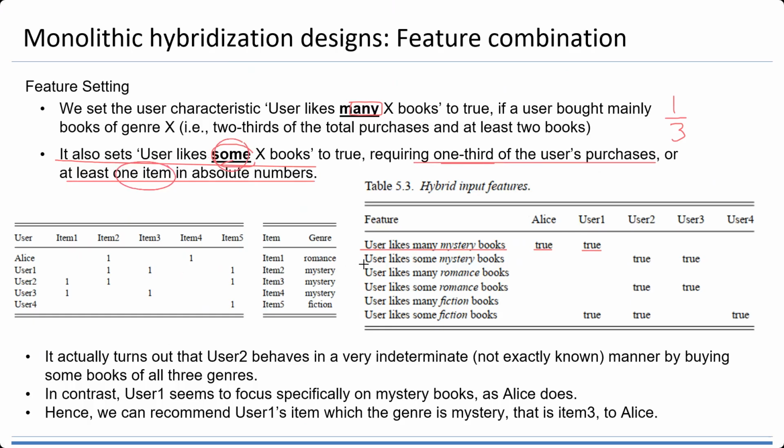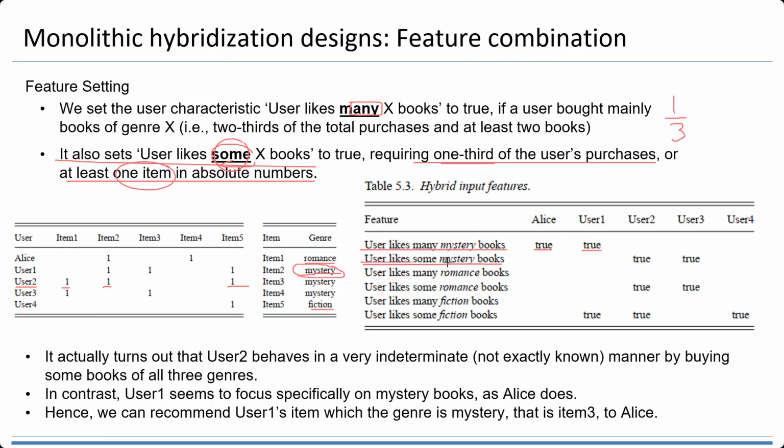So let's see. User likes some mystery books. So user two, he bought item 1, which is romance, item 2, which is mystery, and item 5, which is fiction. Okay. This user bought one mystery book.